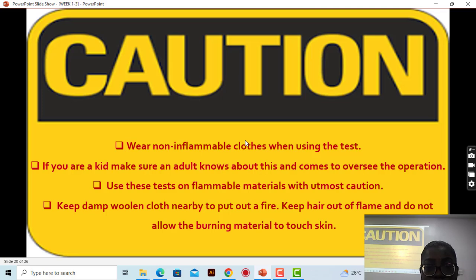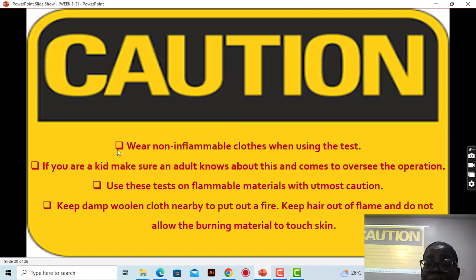Now, before you attempt any of this, especially the burning process to identify fabric, you need to protect yourself from the flame. So these are some of the things you need to do.